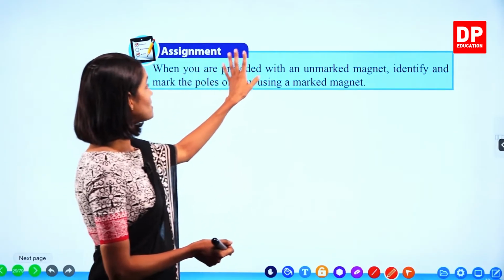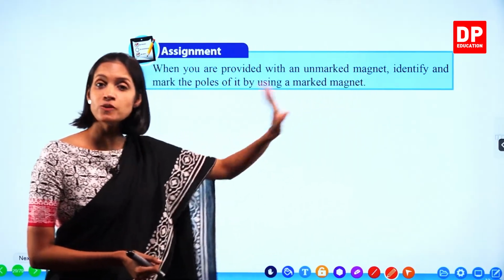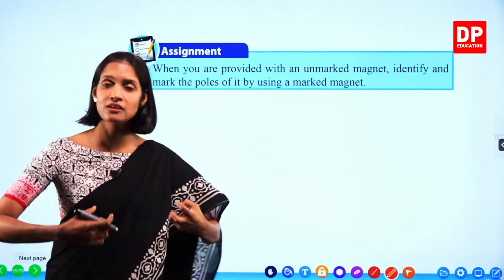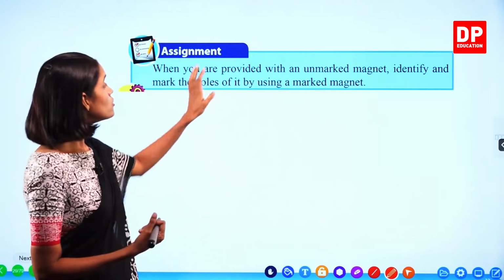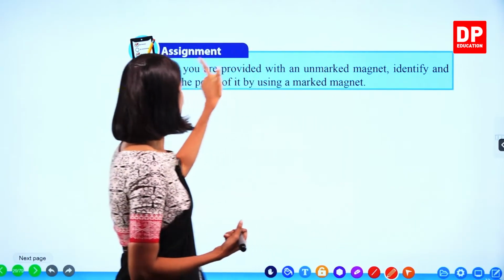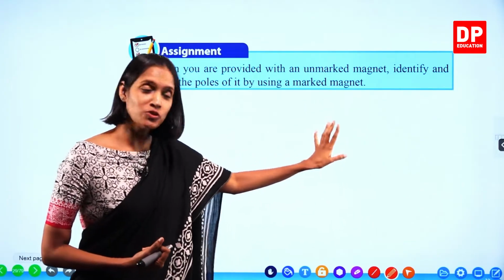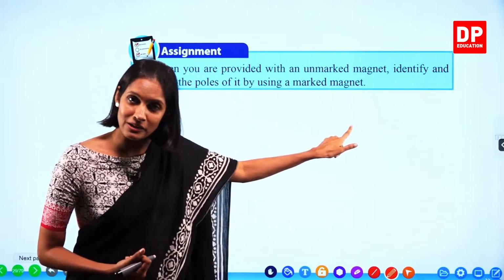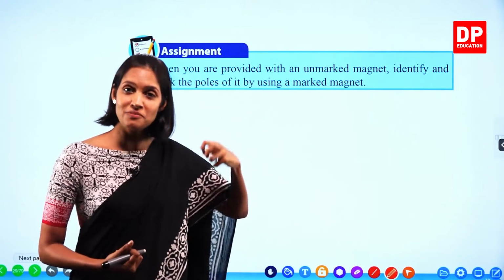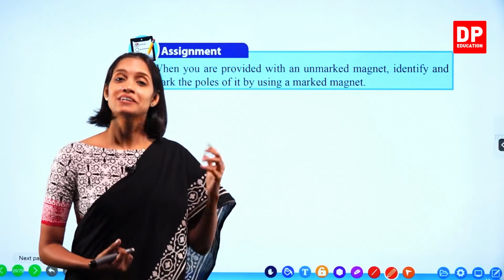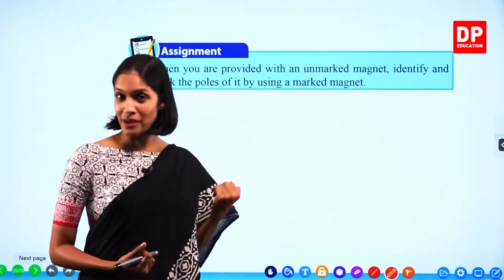When you are provided with an unmarked magnet, which means we don't know which is the north pole and which is the south pole, it's not even indicated with colors. So identify and mark the poles of it by using a marked magnet. Now I am sure when you are provided with a marked magnet, using the attraction and repulsion of the two magnets, you can easily find out the north and south poles of the unmarked magnet as well.